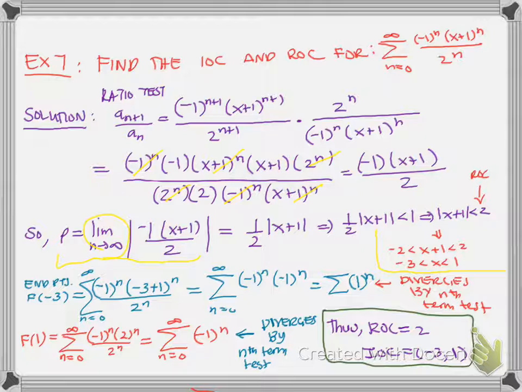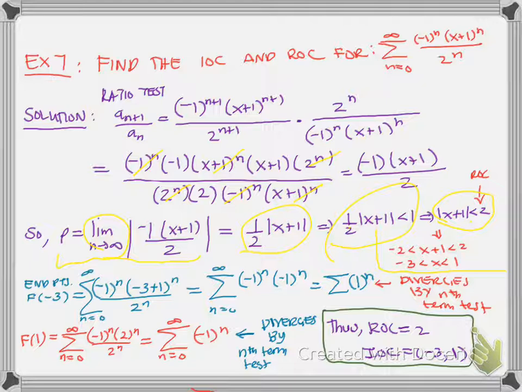Notice that there are no more n's left, so you can just drop the limit, and you have 1/2 times the absolute value of x plus 1. To converge absolutely, we want that 1/2 times the absolute value of x plus 1 to be less than 1. Multiplying by 2 on both sides, you get the absolute value of x plus 1 is less than 2, and therefore you have your ROC.